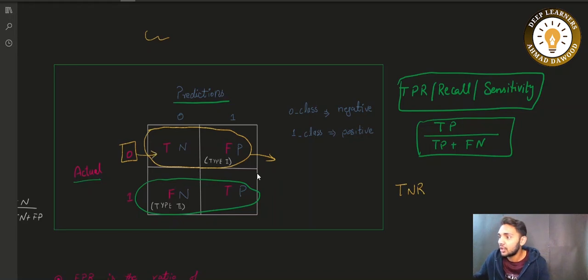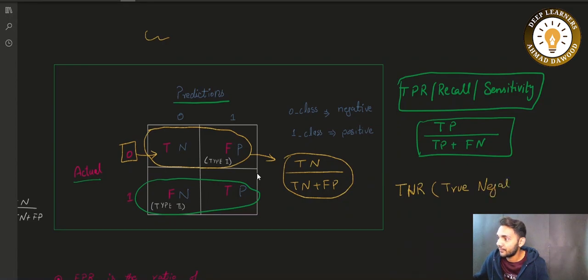Out of all negative instances, how many are correctly classified? This becomes true negative divided by true negative plus false positive. We call it the true negative rate, or specificity.